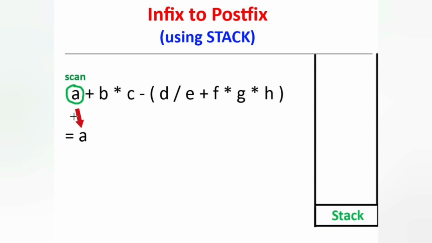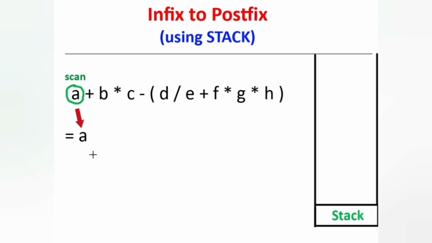Okay. So first you see which one I have scanned. The green one, you can see, is A. The operand is scanned, so since A is an operand, it will simply be placed into the expression, the postfix expression that I am building.